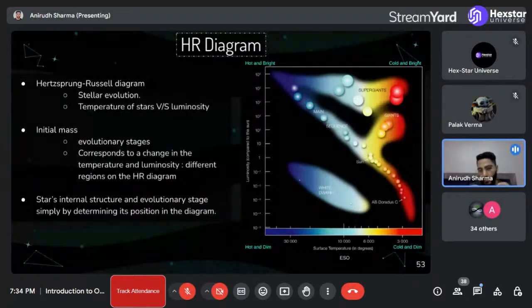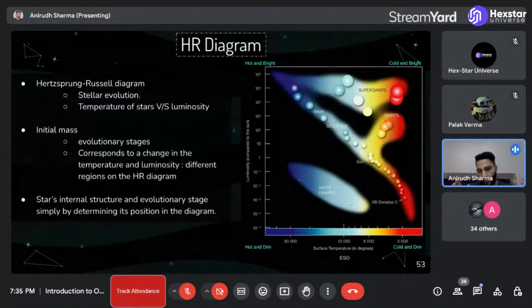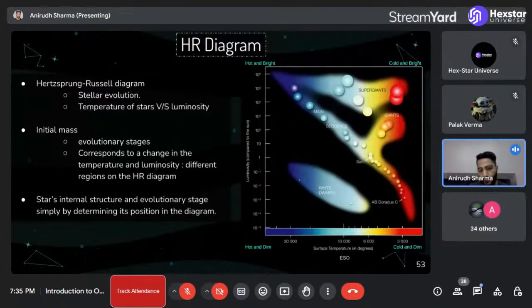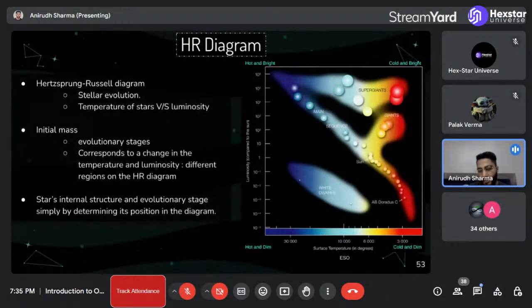Because there is more and more mass, the star is getting more and more fusion. After a while, when there is a lack of hydrogen fusion at the center, it starts to fuse helium, and when the reaction outside that core becomes more efficient, it starts to burn that hydrogen as well.